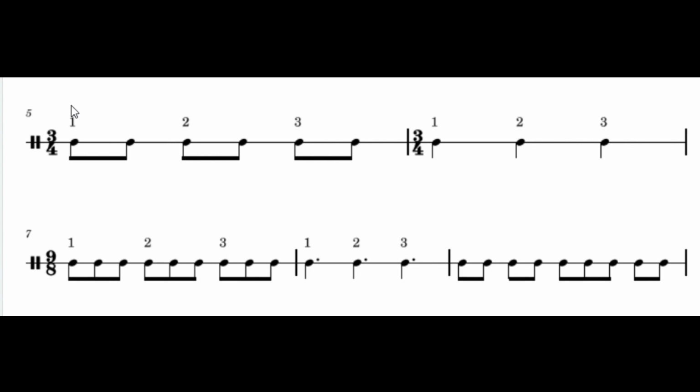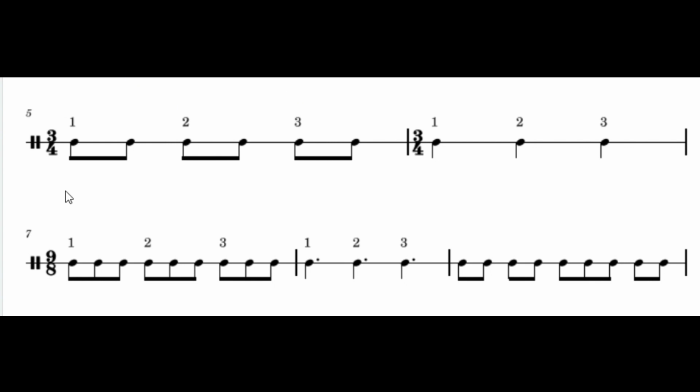So 1, 2, 3 subdivided in 2 will be do day, do day, do day.